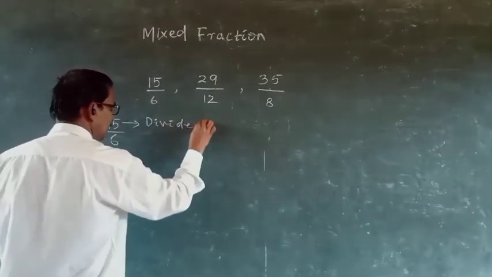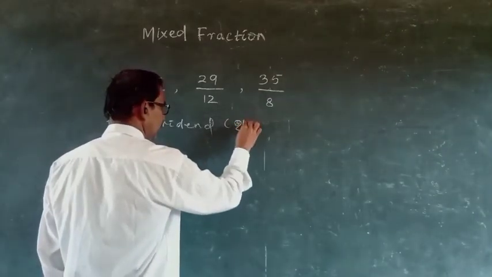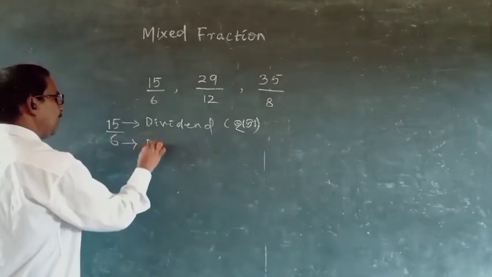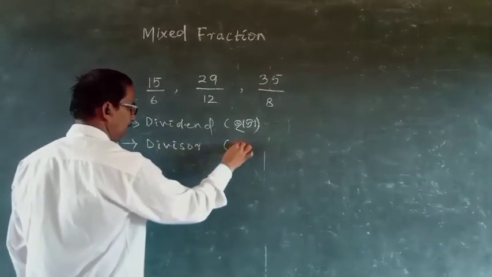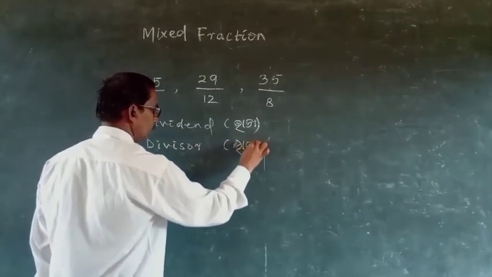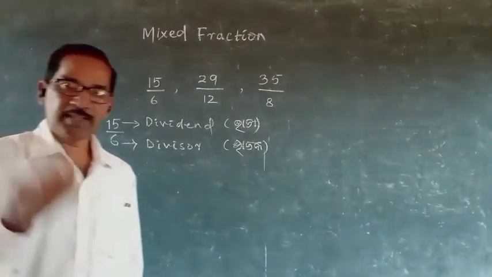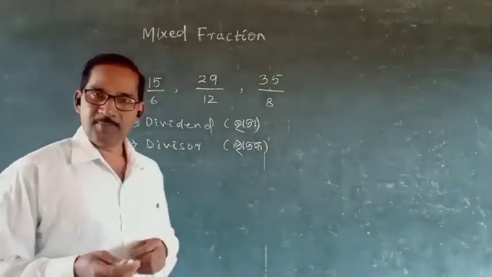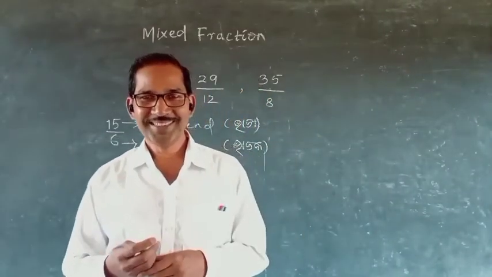Dividend means bhajya. And 6 is the divisor. And when a dividend is divided by the divisor, the result that comes is the quotient.